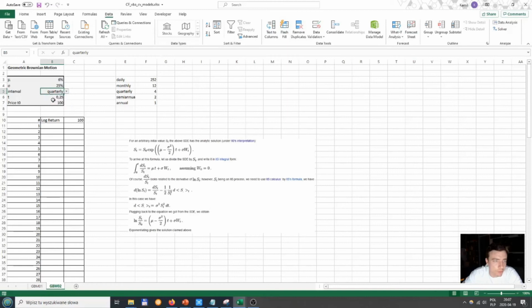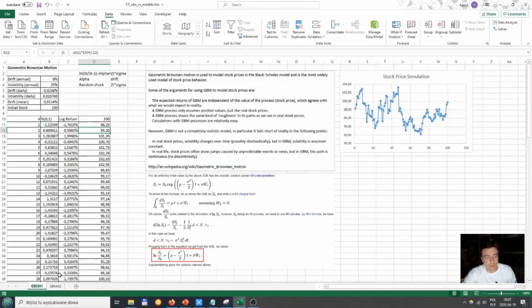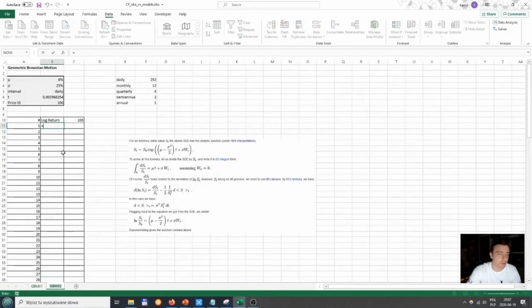So if I have quarters, I will scale it down to 1 over 4. If I have daily observations, that's my part of the year. And now I can write it down in a similar approach to this one, or I can just use one formula to get this function in just one cell.